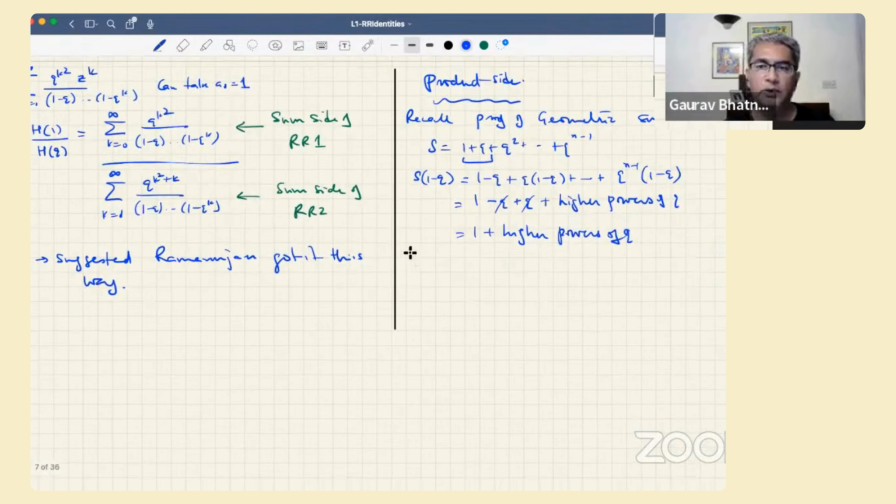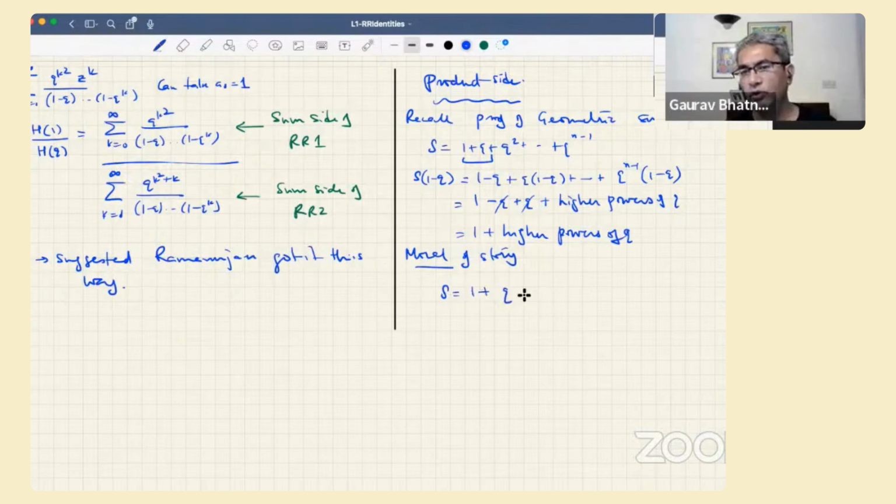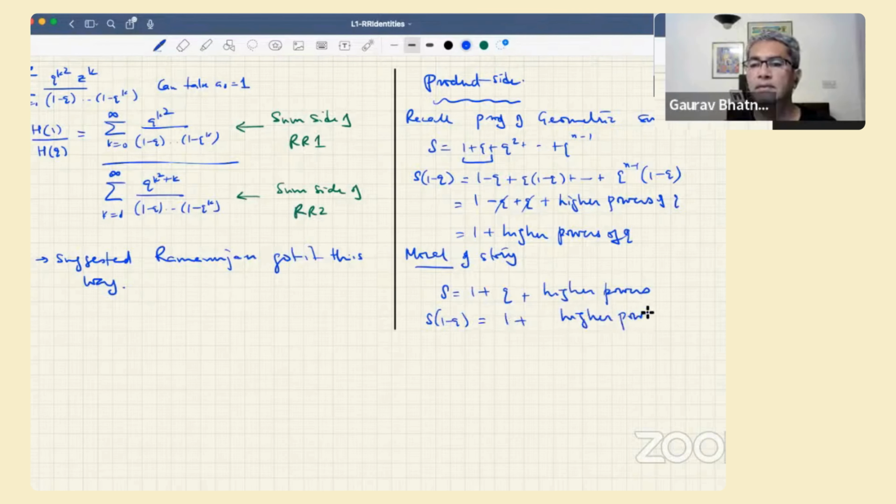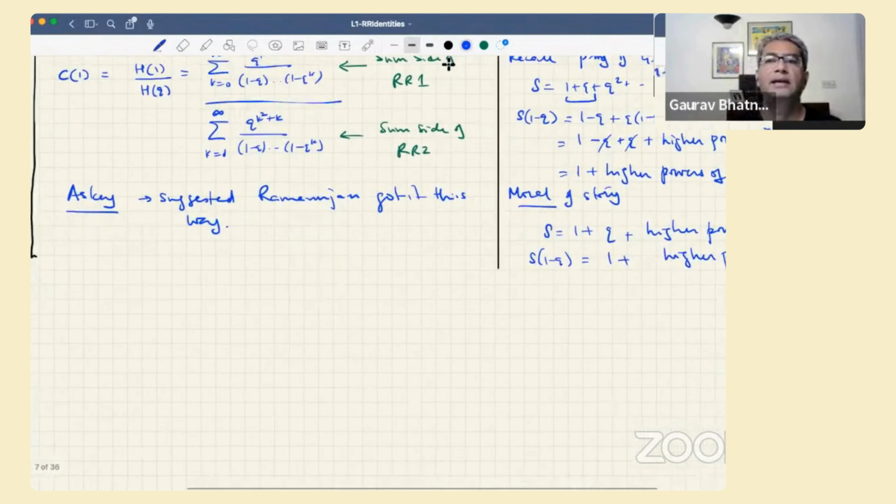So the moral of this trick is that if you have S equal to 1 plus Q plus higher power, then multiply by 1 minus Q and you'll get 1 plus higher powers. Very simple observation. Right. So let's apply it here.